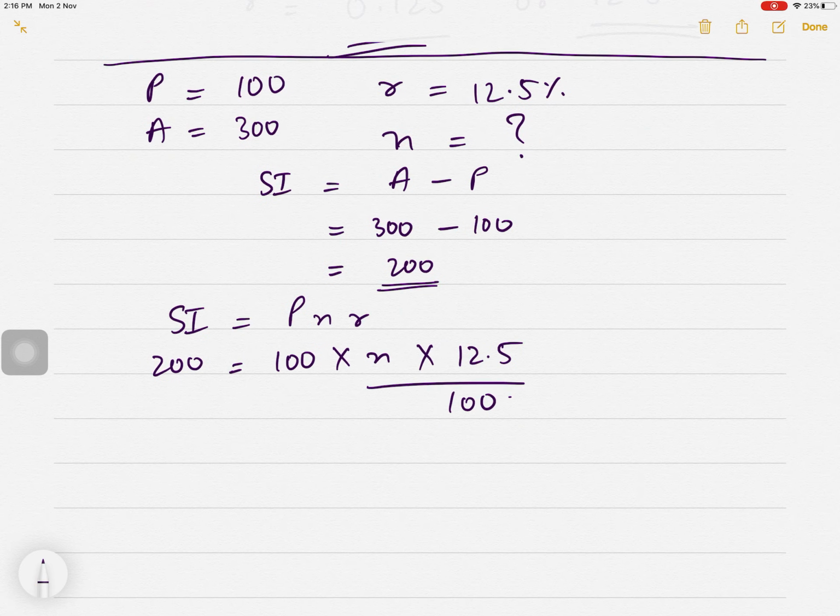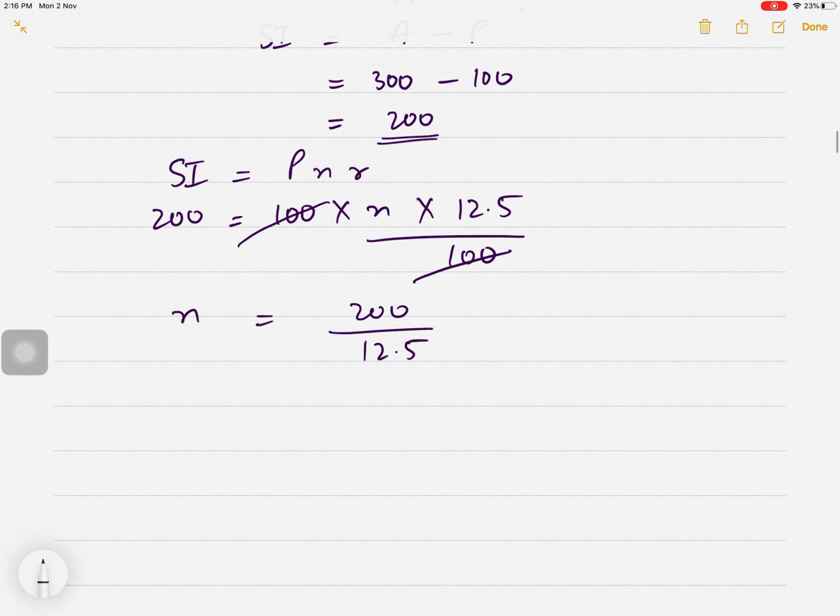Okay, let's find the value of N. So N is equal to 200 upon 12.5. Okay, when you calculate this 200 upon 12.5, it comes to 16.